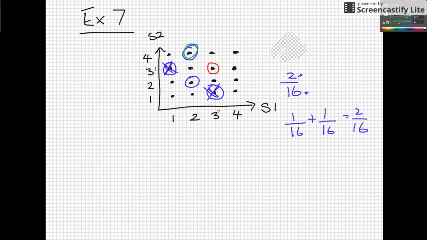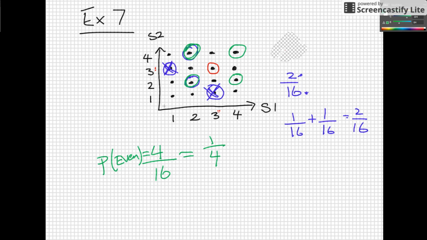Here we are. 2 and a 4, 2 and a 2, 4 and a 2, and a 4 and a 4. So for the green ones, we have 4 out of 16 of the dots marked. And that's your answer. Probability of getting 2 even: 4 out of 16. Now you could simplify that and go 1 out of 4.